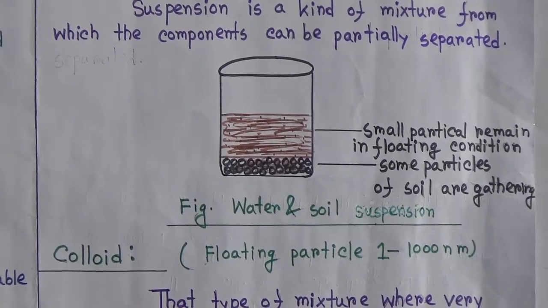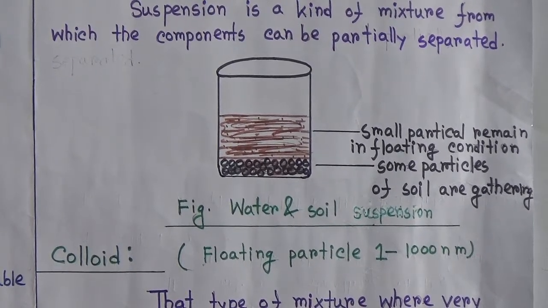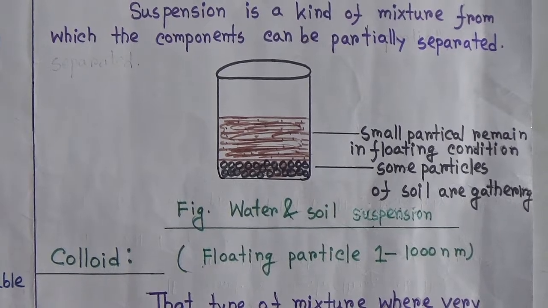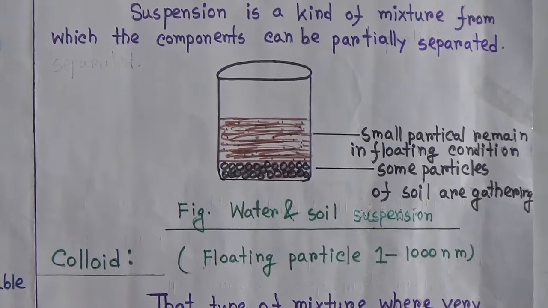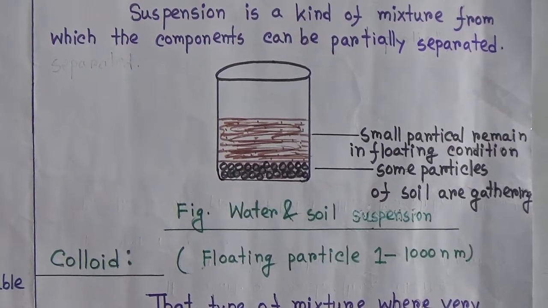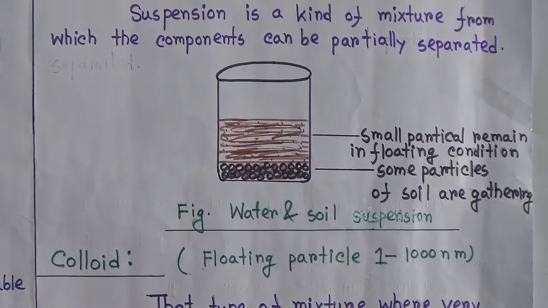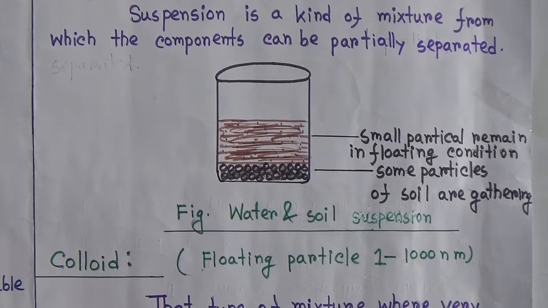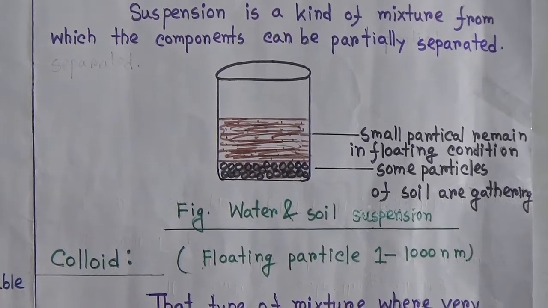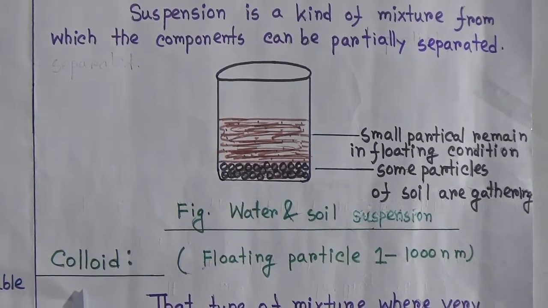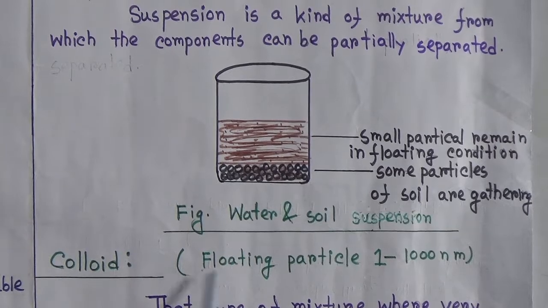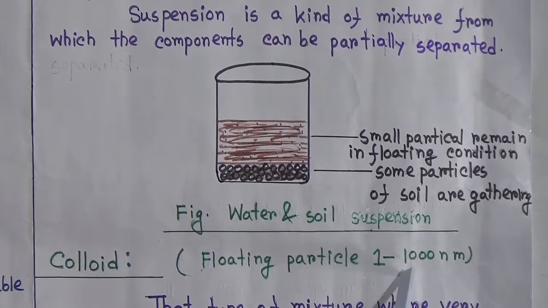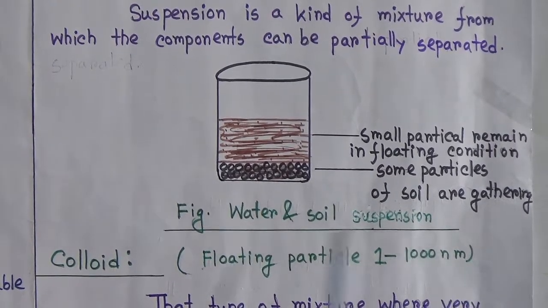Milk is one kind of colloid. The fat molecules float in the liquid portion or in the solvent, and it will not sediment if we keep milk for a certain time. In case of colloid, the size of floating particles will be 1 to 1000 nanometer.